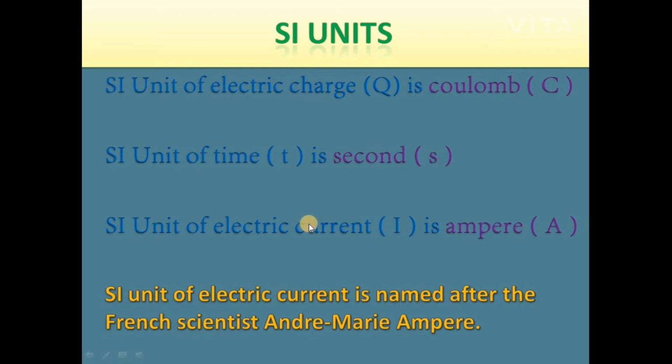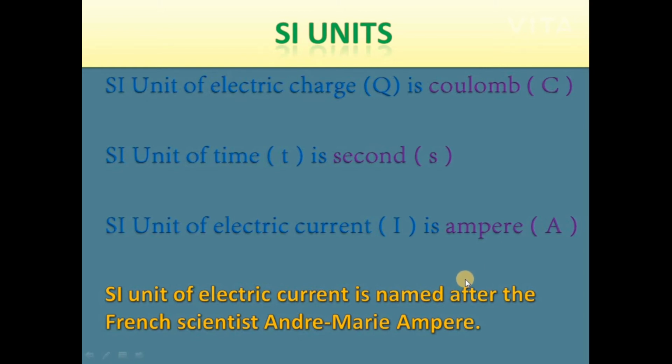The SI unit of electric current is named after the French scientist Henri Ampere.